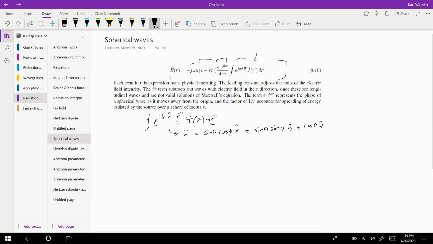Now you can see that r hat is a function of two variables, theta and phi. So after we work this three-dimensional Fourier transform, what's left is the angular dependence of the field radiated by an antenna. So let me just summarize that up here. When we're done working that integral, we have something that depends on theta and phi. That dictates where the energy goes.